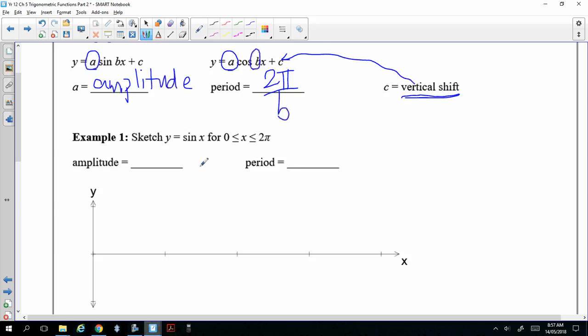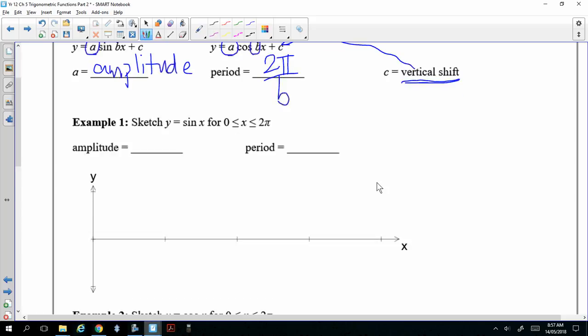Okay, so we're going to write down the amplitude and the period. The amplitude is the number in front of sine, which is 1, so write 1 there. And the period is 2 pi divided by the number in front of sine, which is 1, so 2 pi over 1, which is equal to 2 pi.